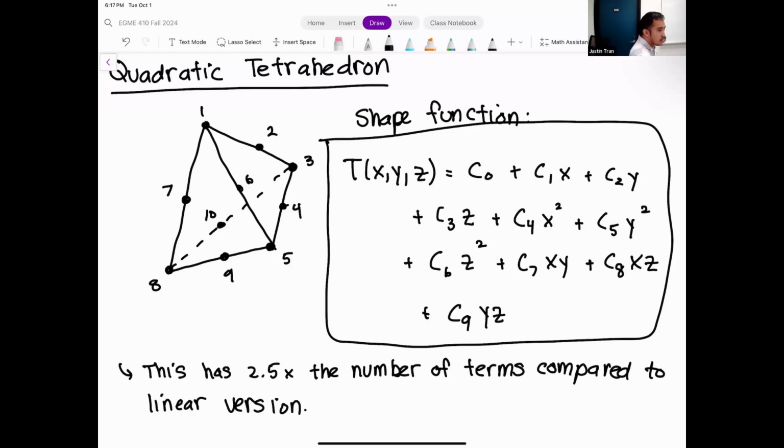So you can see it's a non-trivial increase in the cost, right? So, each individual element has 2.5 times more nodes.